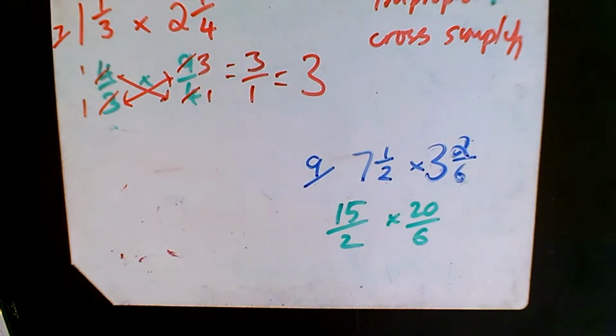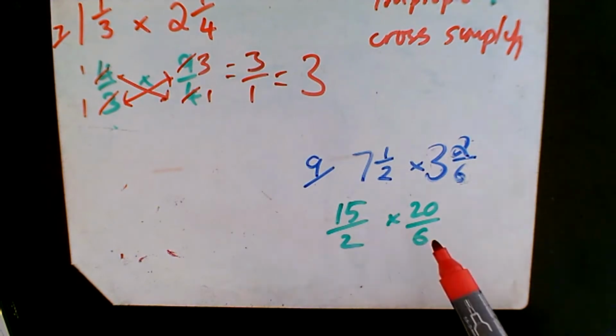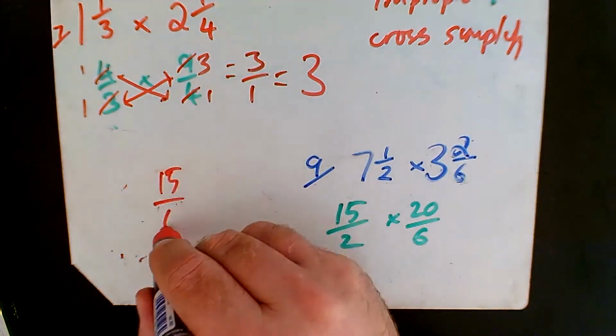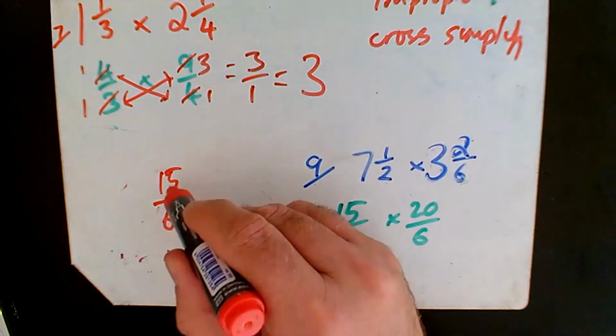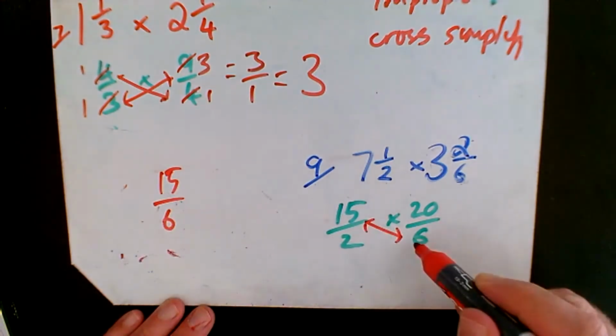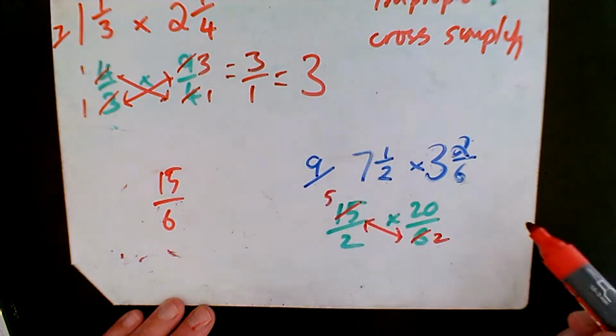Now this is slightly different in that 6 doesn't go into 15, but what number goes into both 6 and 15? Well, 3, isn't it? If I had 15 over 6, I could say, well, 3 goes into them both. And 3 does go into both. 3 goes into 6 twice and into 15 5 times.